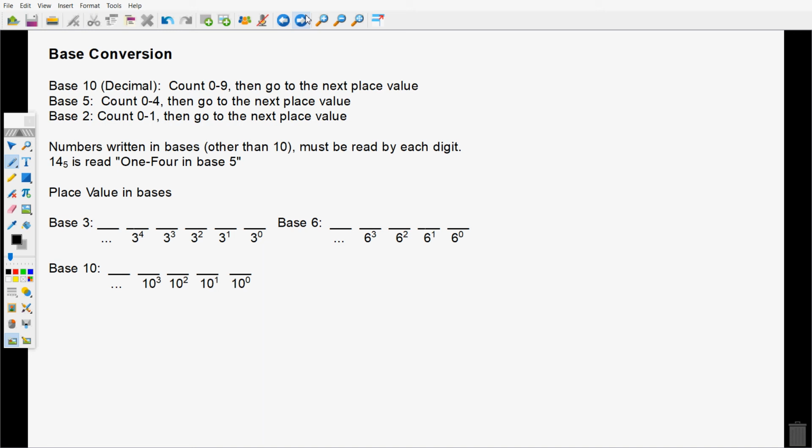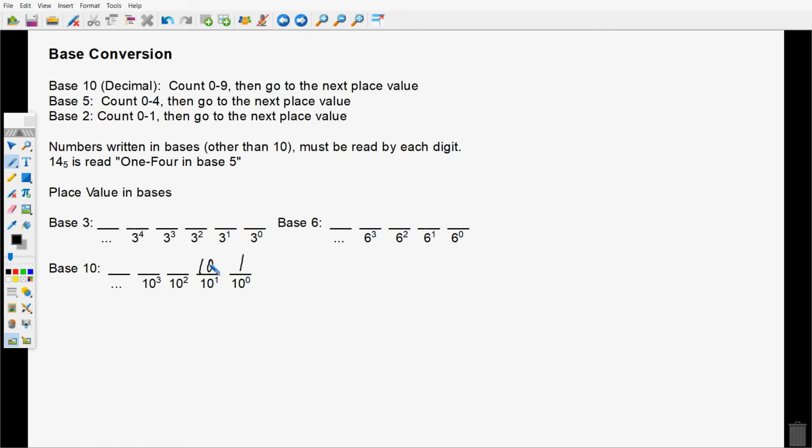Now for a base 10 system, at the very bottom here, I have the farthest right, which is the ones place. Anything raised to a 0 power is always going to give you 1. After that, I have 10 to the first power, which gives you 10, which is why they call it the tens place.